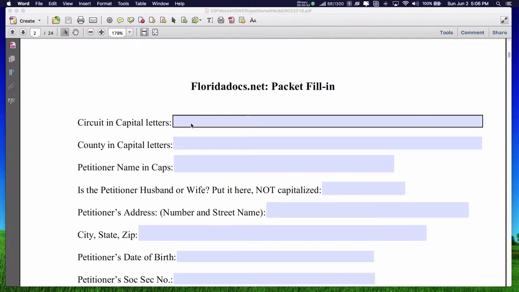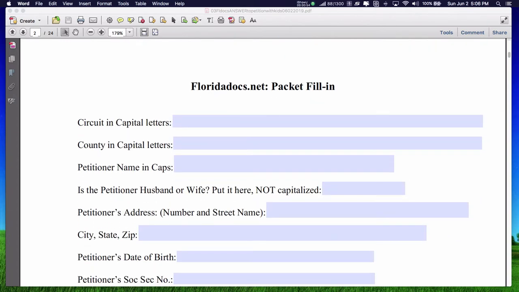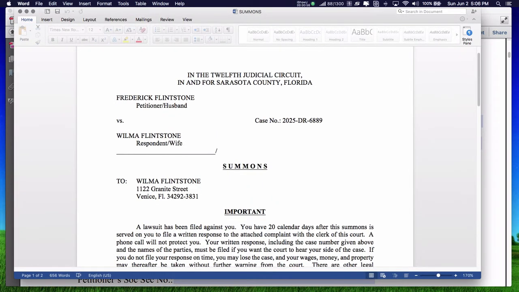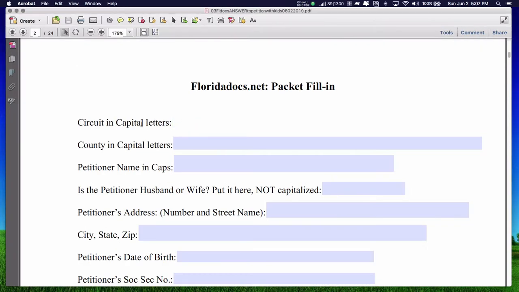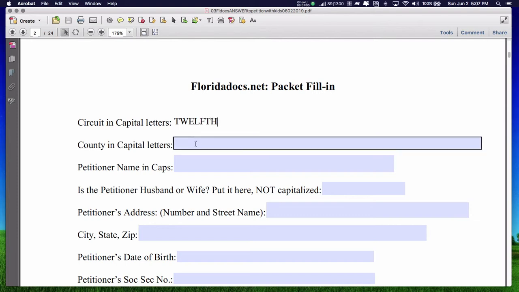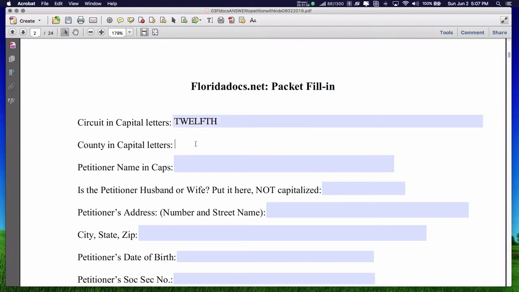So we just saw on that summons, we're looking for the circuit and the county. Well, the circuit's 12th. You obviously know what county you're in, Sarasota County. So let's put that here in capital letters. Okay, and the petitioner, that'd be the person who's suing you.